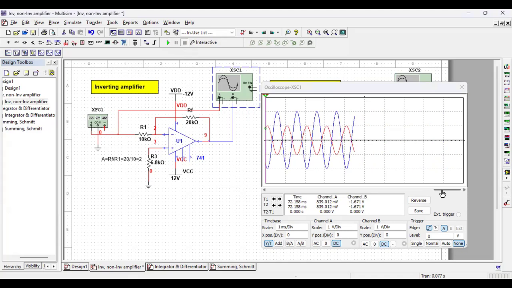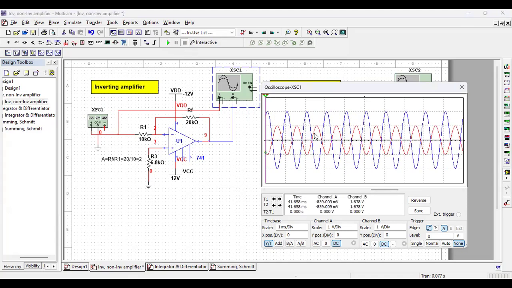See, the input is the red line, and input is 1 volt per division, output is also 1 volt per division. You see, there is a gain of 2, but there is a total 180-degree phase reversal because of the negative sign. So it is so easy to make an amplifier.